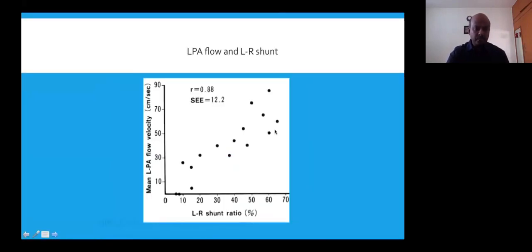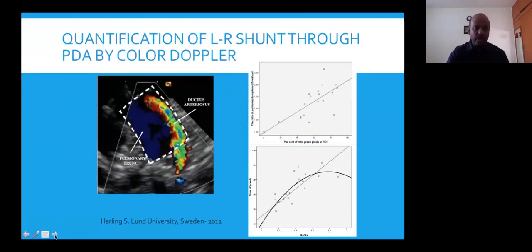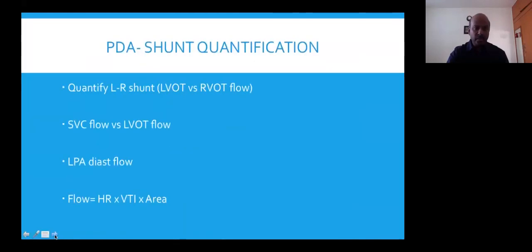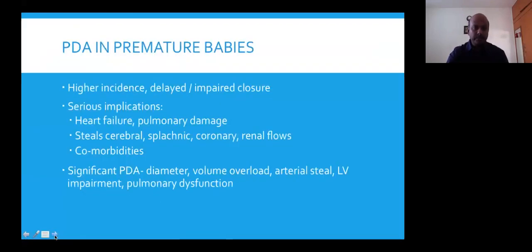So these are some ways to look at the quantification of shunt. You can quantify a left to right shunt using LVOT versus RVOT flow, SVC flow versus LVOT flow, and LPA diastolic flow, and the flow is calculated using this formula, which is heart rate times velocity time integral times area.